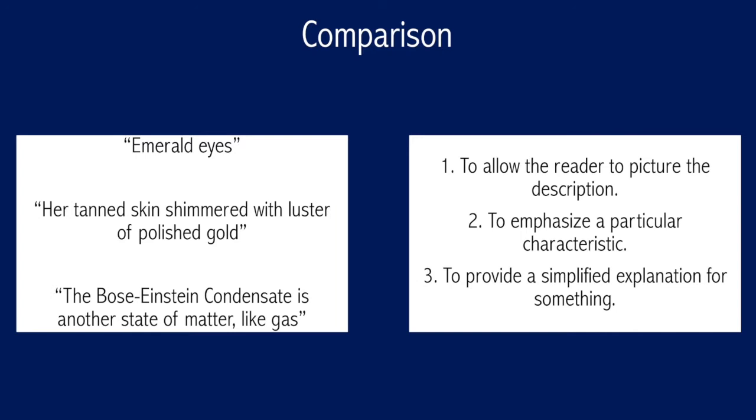And it might also be to provide a simplified explanation of something. This will often be the case for your data or science passages as such. So I might say the Bose-Einstein condensate is another state of matter, like gas. So by comparing Bose-Einstein condensate to gas in a manner, I'm saying, okay, they're pretty similar. They're both states of matter.